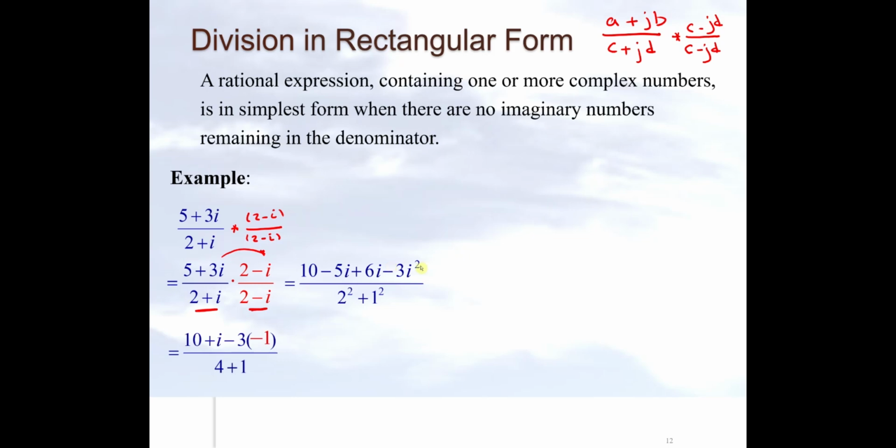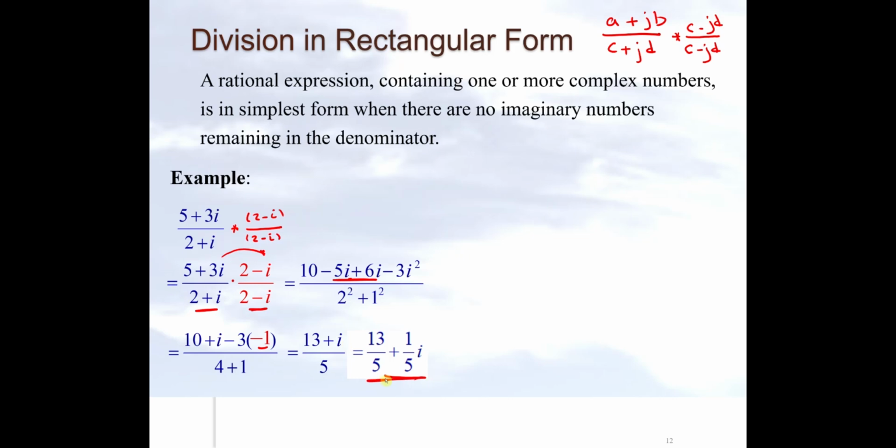Then simplify that. i squared is equal to −1. Now you have real parts, combine them together. You have imaginary parts, combine them together. From there you can obtain the result, and finally simplify it into this simple form. So you have 13 over 5 as your real part, and i over 5 as your imaginary part. So this is the result of the division.